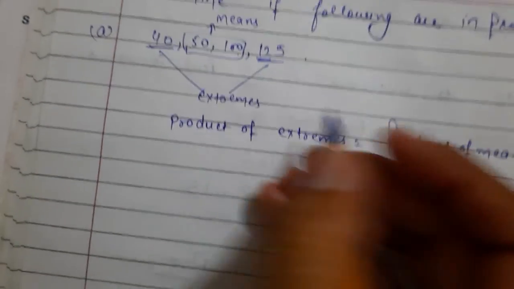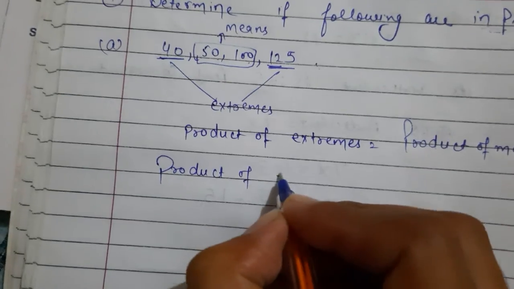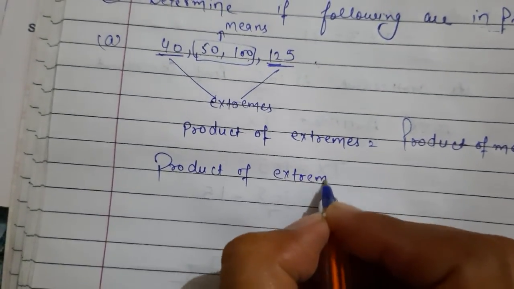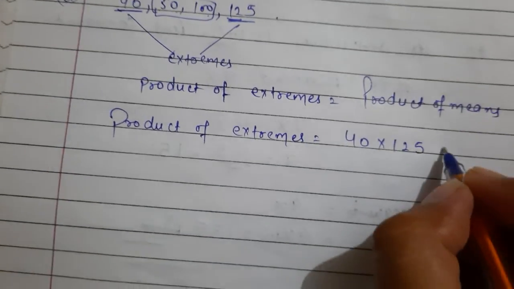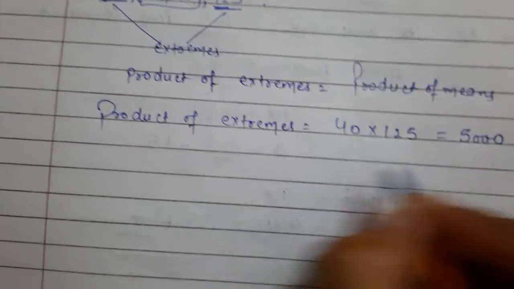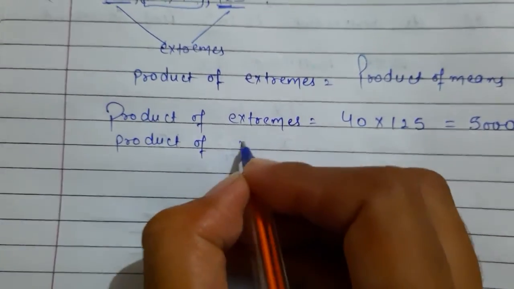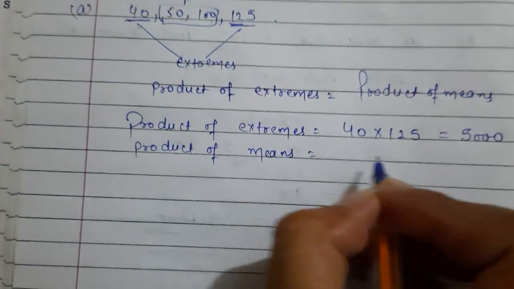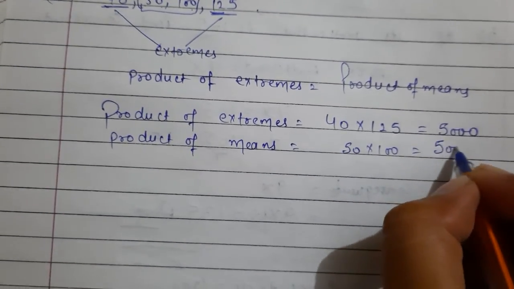So let's start. First of all we will do the product of extremes. Who are at the extremes? 40 multiplied by 125. When you multiply, you will get 5000. Next is the product of means. Who are at the means? 50 into 100, so we will get 5000.